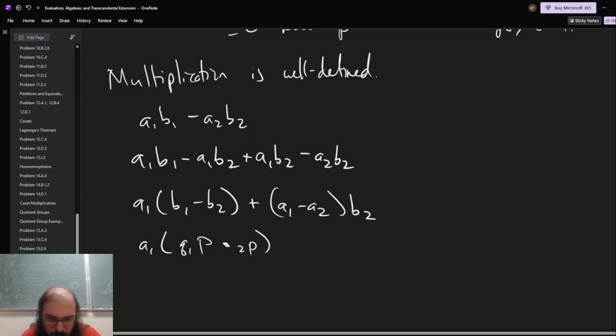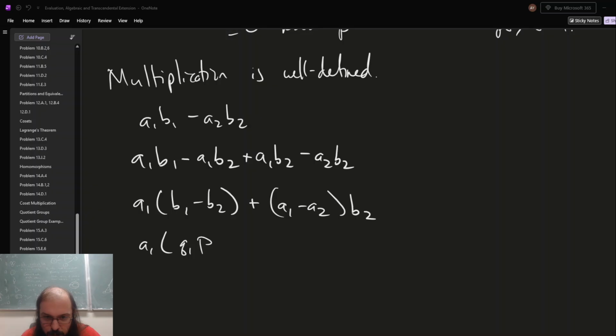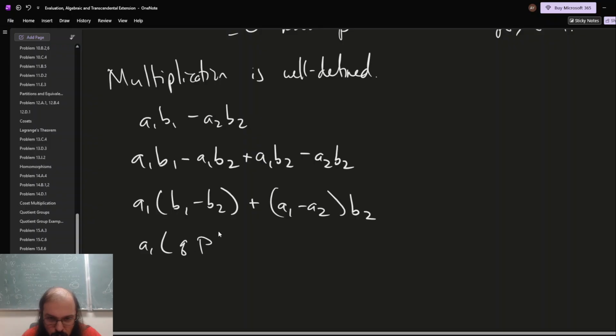Oh, wait, hold on. What I said isn't true. Because this is in the same class, that's just a Q1 P. Or maybe it should be a Q2 P for the B's. Doesn't really matter, right? But since this is in the same class, their difference is a multiple of P.